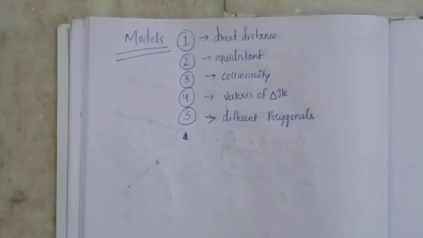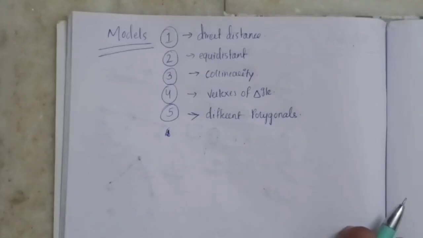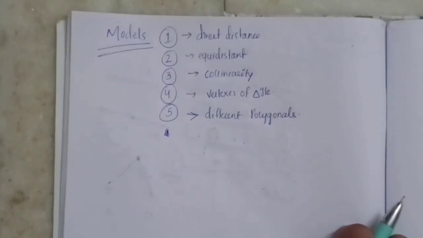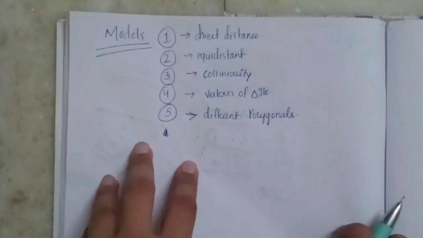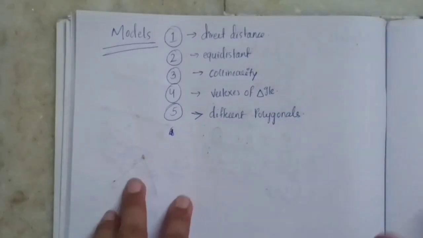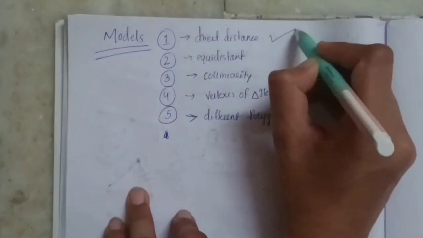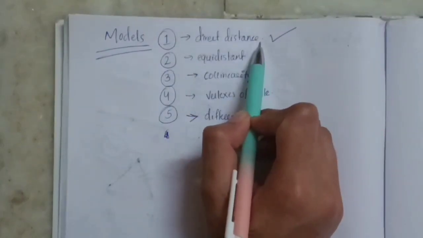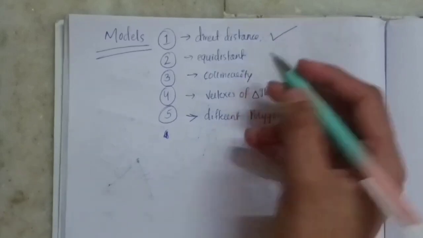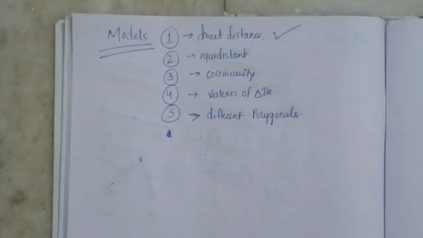So now let us see the models, which kind of questions are most repeated in the exams, and what kind of questions come from this coordinate geometry from the first part, which is distance formula. So the first model of question is direct distance. So they might give 2 points, and they'll ask the distance between the 2 points.